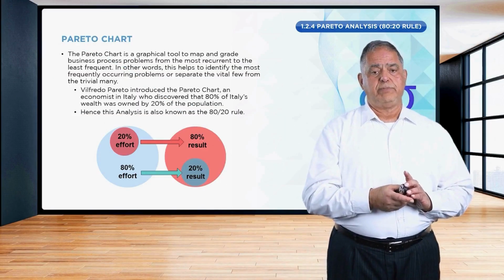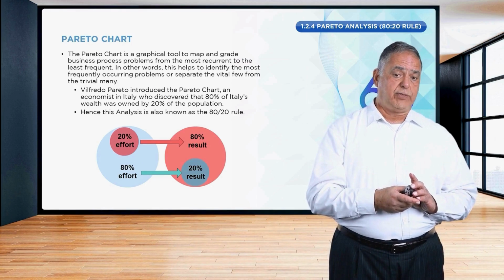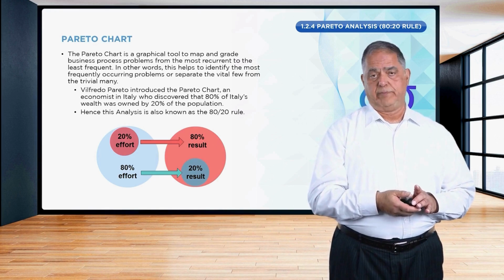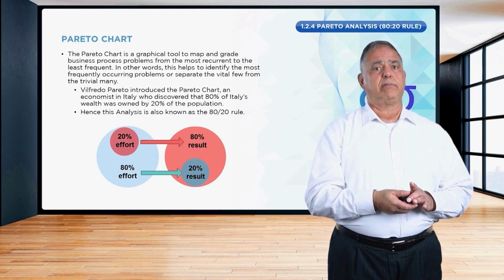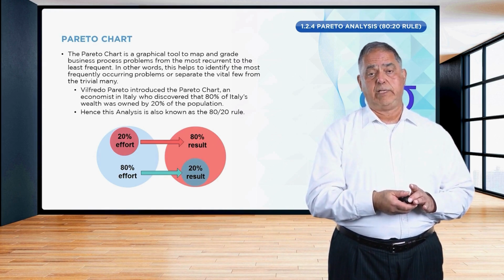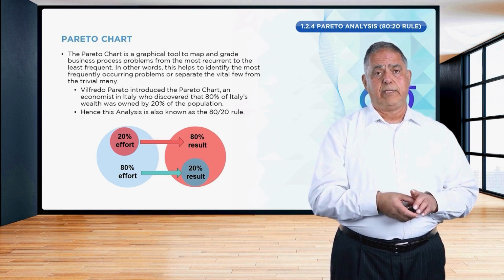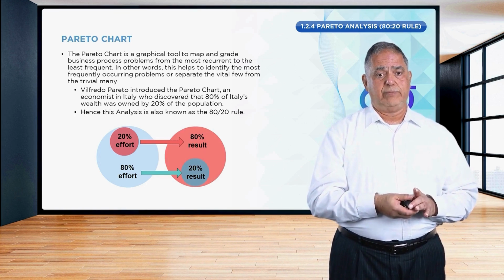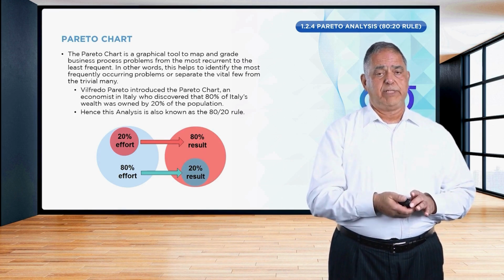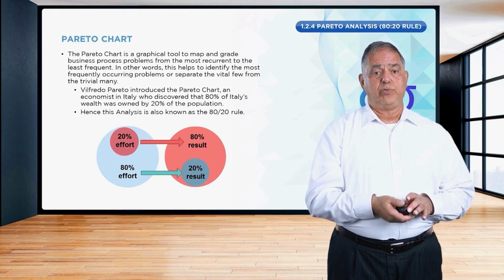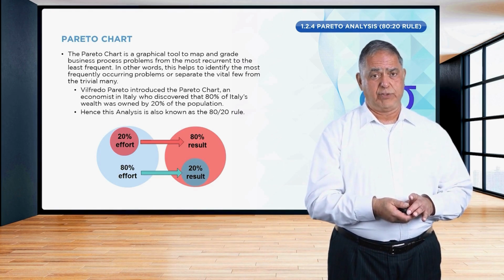Now, the concept of the 80-20 rule was introduced by Vilfredo Pareto. He was an economist in Italy a couple of centuries ago, and he determined that 80% of Italy's wealth was owned by 20% of the population.